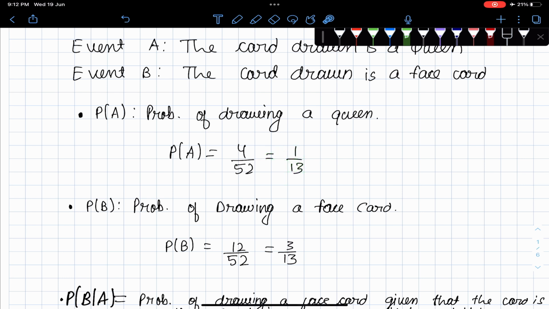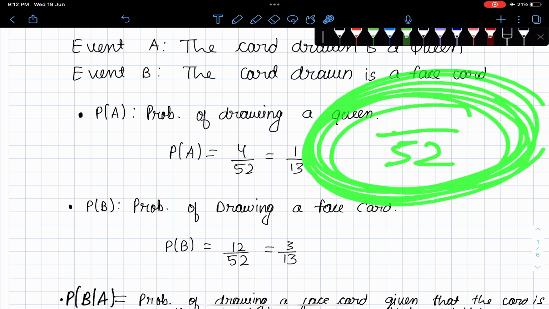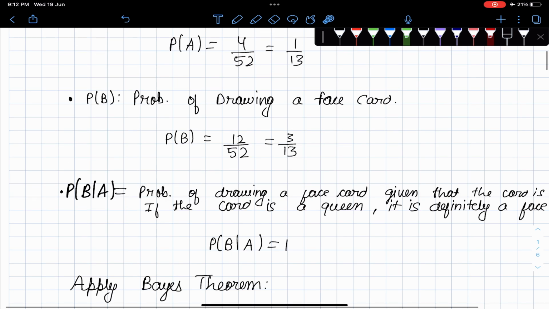So the probability of getting a queen card in the 52 cards is 1 by 13. Clear? Now the second probability: the probability of drawing a face card.